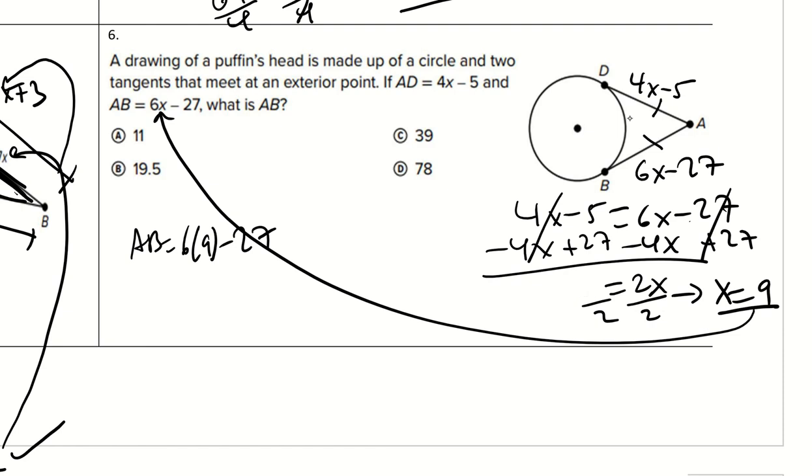This is not 18. I'm sorry. This is actually 22. I apologize. Yeah, so 27 minus 5 is 22. Then divide by 2, that becomes 11, not 9. And then we're going to plug 11 into here. So 6 times 11 minus 27 is 39.